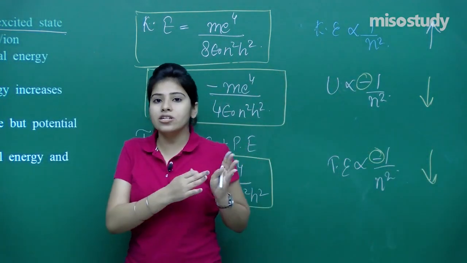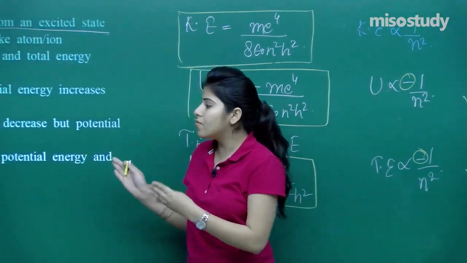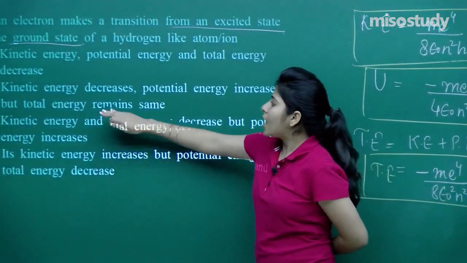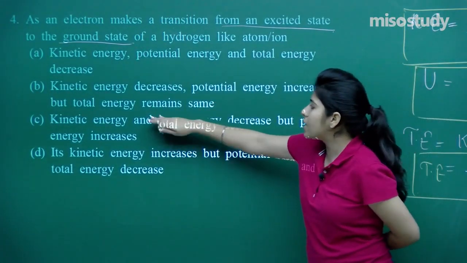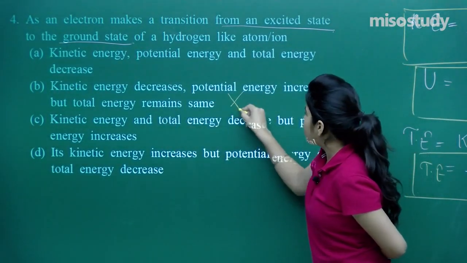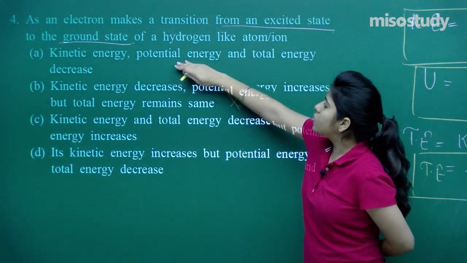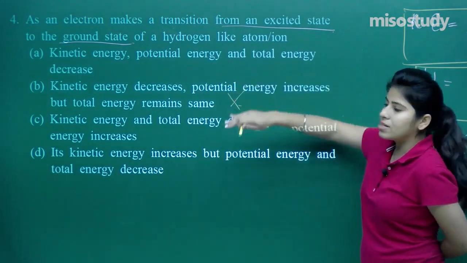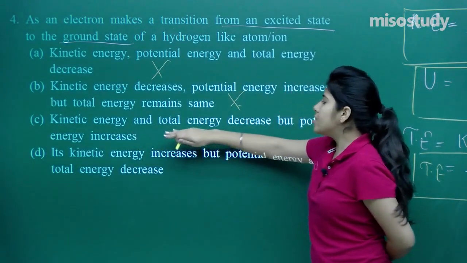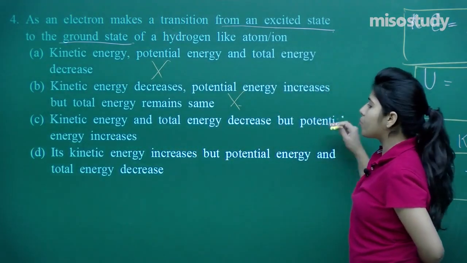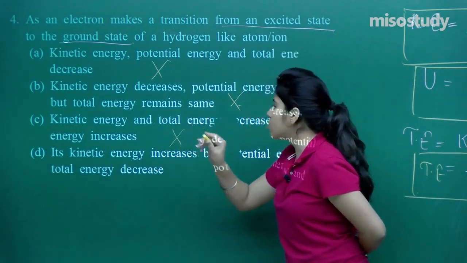So now let me move towards the options that are available before us. Kinetic energy decreases, potential energy increases, but total energy remains same. Wrong option. Kinetic energy, potential energy and total energy decrease. Again the wrong one. Kinetic energy and total energy decrease, but potential energy increases. Again the wrong one.